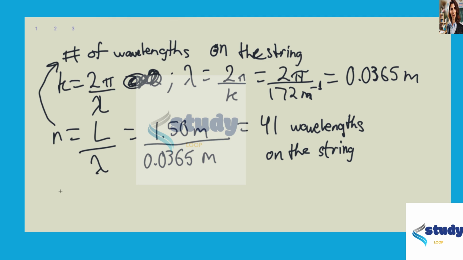And then the question is asking us, what would be the equation if the waves were traveling down the string instead of up the string? We can actually do this directly.